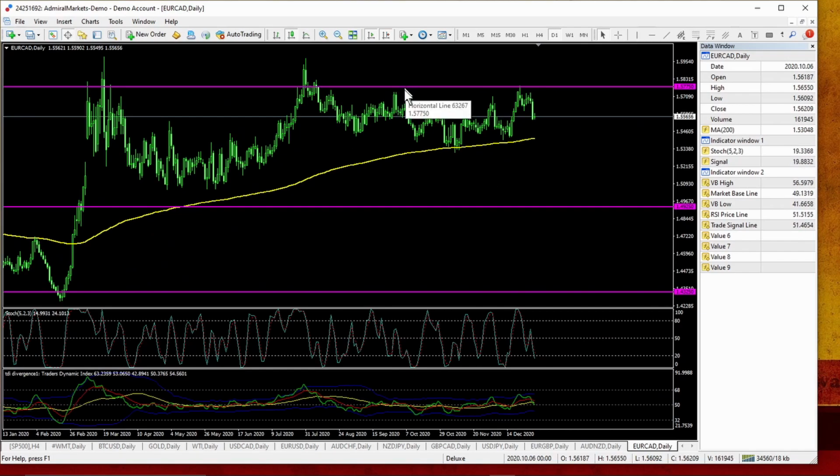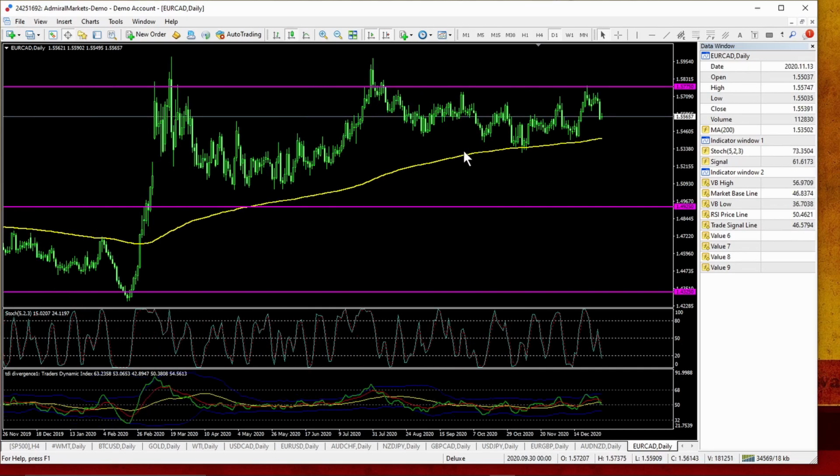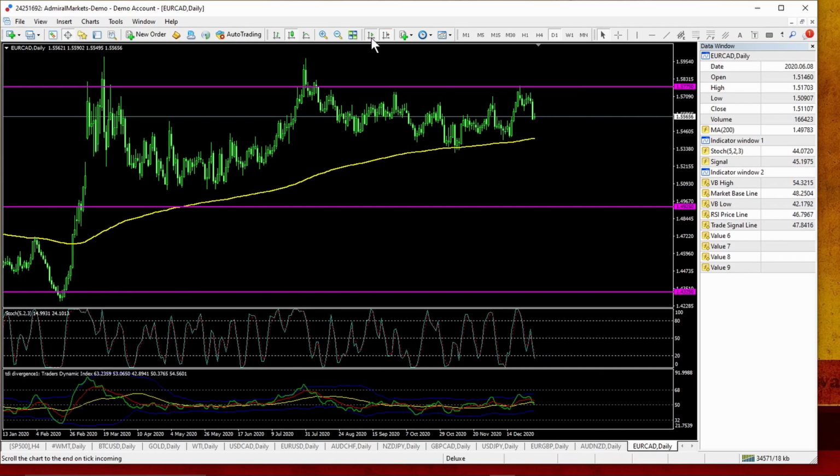I have lines marked off for support and resistance on the weekly. These are weekly lines, and to me what this says is that the euro is going up, but right now it's in a short-term downward motion. I won't say trend, it's just a short move coming down, and it might come down to touch the 200.